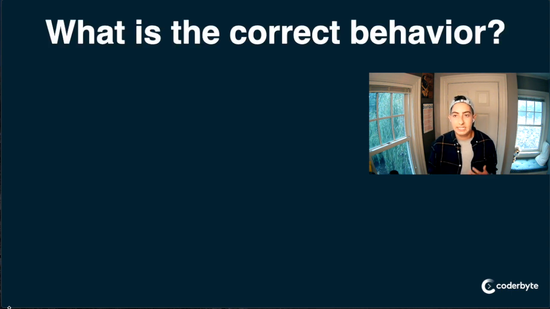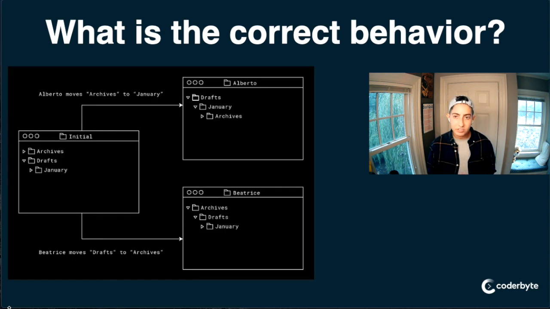So let's talk about an example of reconciling changes. In this scenario, what is the correct behavior? So here we have what might happen if someone is trying to change things in their Dropbox folder.